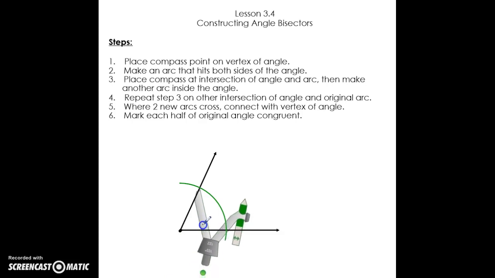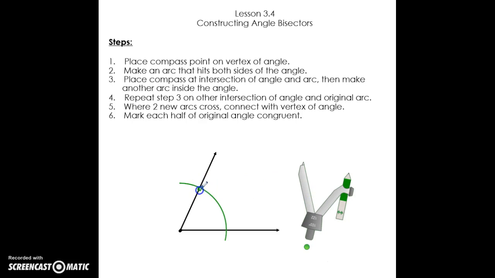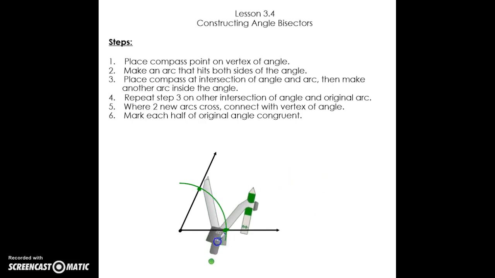Then we're going to place our compass on the intersection. So there's actually two intersection points, one here and one here. And just like we did with the perpendicular bisector, we're going to place our compass point on that intersection and make another arc, and we're going to repeat that on the other intersection as well.